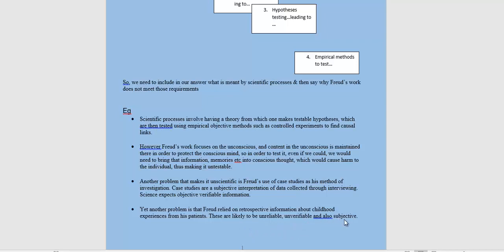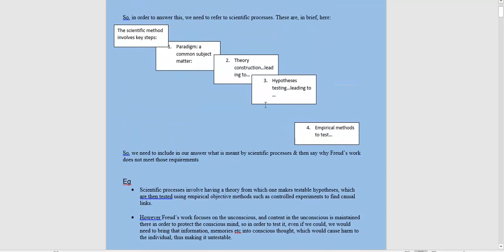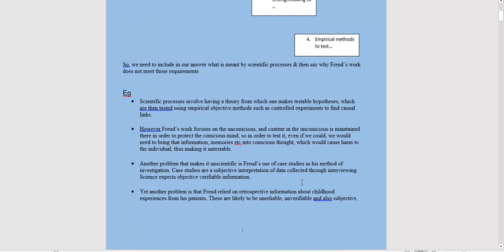They're also a subjective view, someone's interpretation of what happened as opposed to objective reality. They can't be verified because you wouldn't necessarily be able to get somebody to verify what happened. So again, they are going to be unreliable, they are extremely subjective, and they don't meet these requirements of the scientific steps.